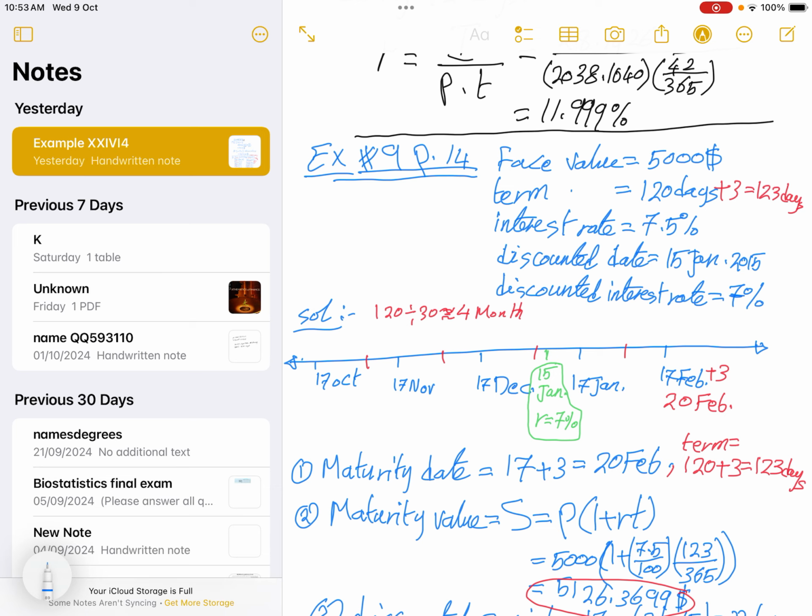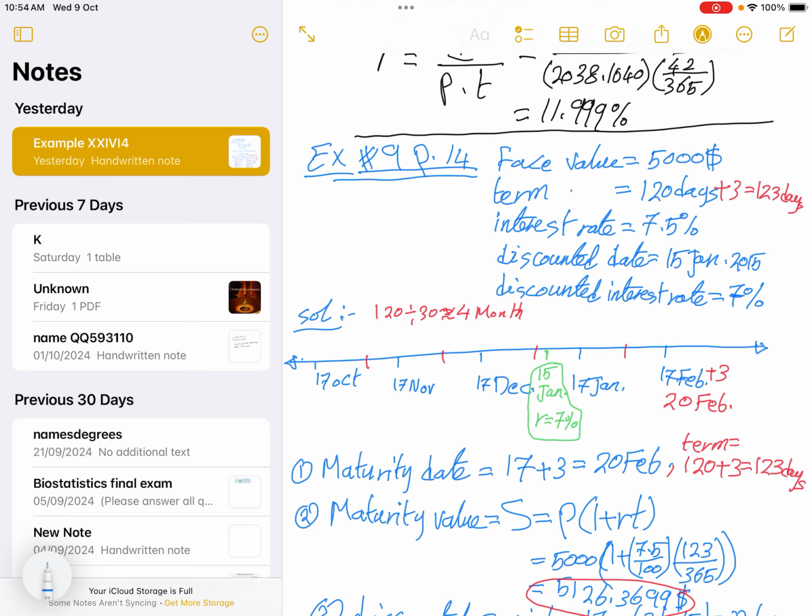Face value 5,000, term 120 days. Notice the red one that I wrote, plus 3, which is 123 days. Interest rate 7.5%. Discount date 15 January 2015. Discount interest rate 7%.